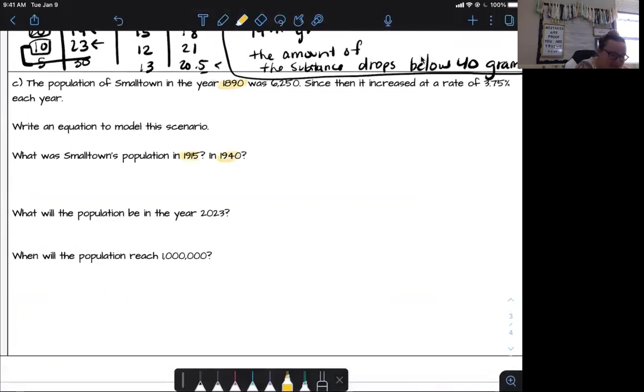Take 1915 minus 1890 for the amount that you're going to plug in for your time t to figure out the population in those years. So for 1915, you would plug in 25. For 1940, you would plug in 50, and so on. Go ahead and give that a shot and see what you get. We'll compare answers in just a second.